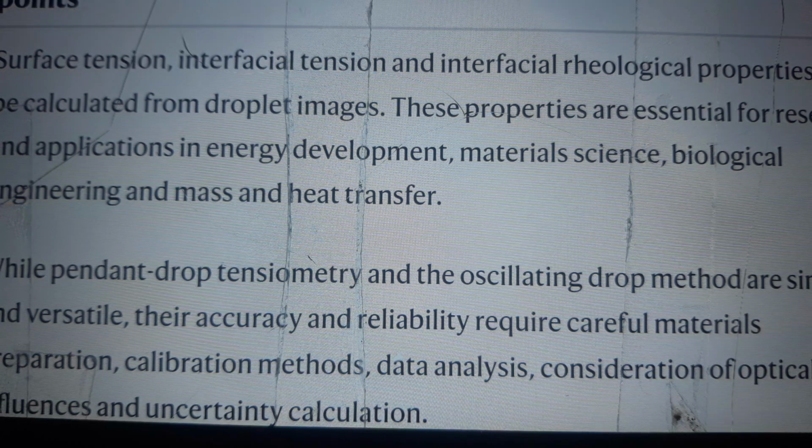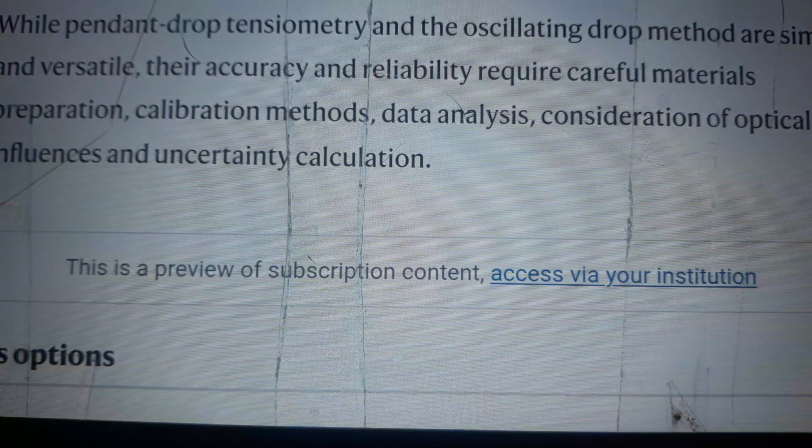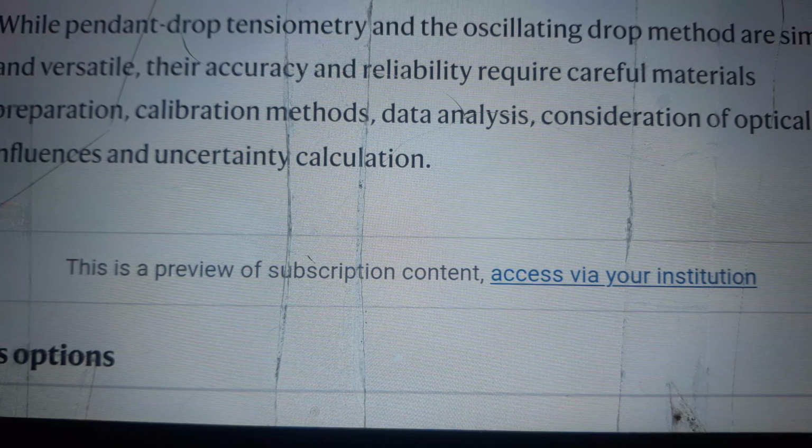These properties are essential for research and application in energy development, material science, biological engineering, and mass and heat transfer. While pendant drop tensiometry and the oscillating drop methods are simple and versatile, their accuracy and reliability require careful materials preparation, calibration methods, data analysis, consideration of optical influences, and uncertainty calculation.